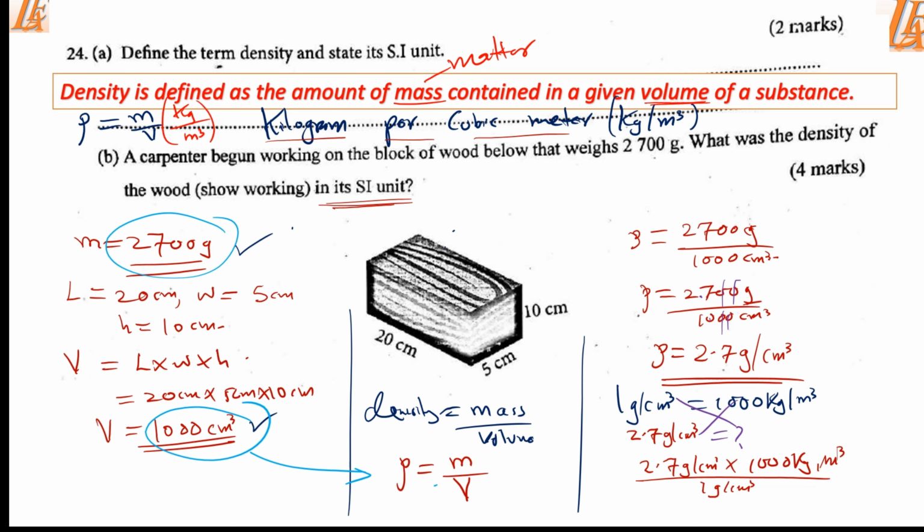Then gram per cubic centimeter will cancel with this one, and our unit will remain as kilogram per cubic meter. Then 2.7 times 1000, our final answer for density is 2700 kilogram per cubic meter, like that.